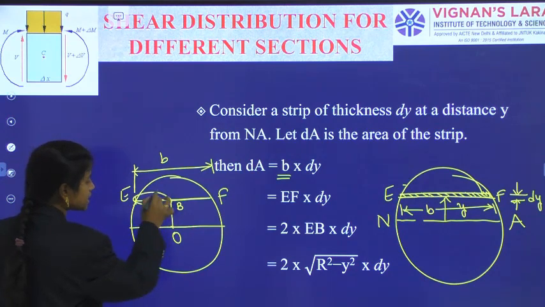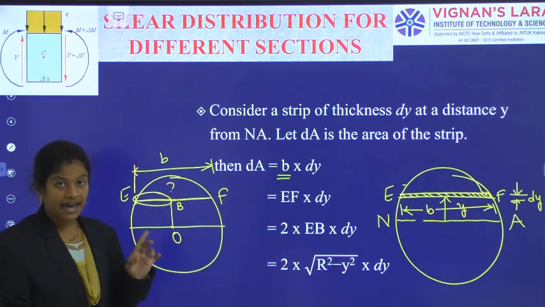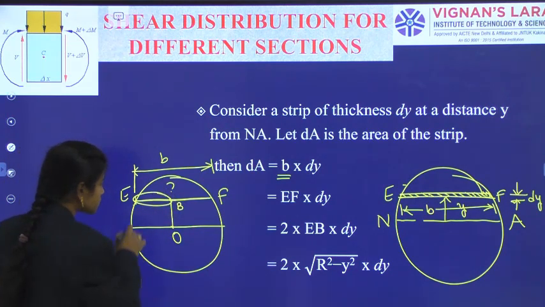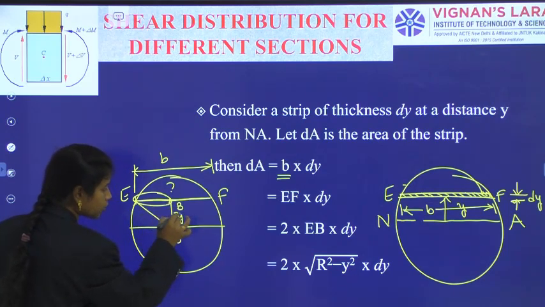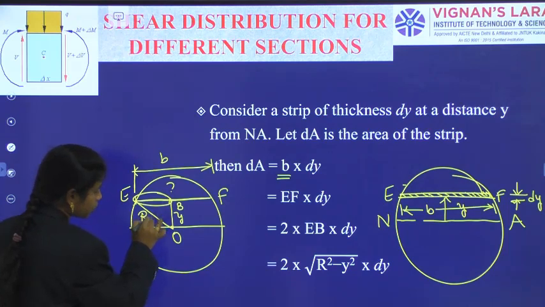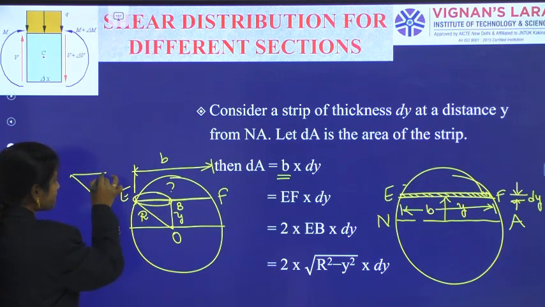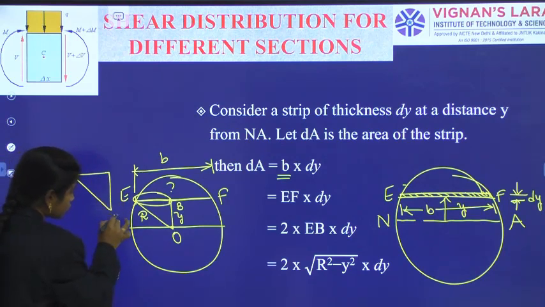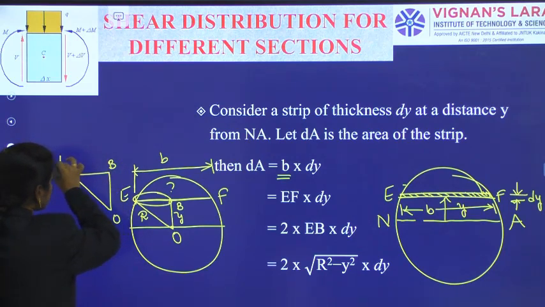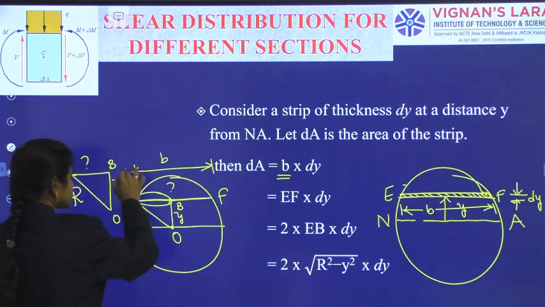And how will this EB be calculated? As I know the Pythagoras theorem, I am applying it. This measurement I know as y, and this measurement I know as R. So we are observing a simple right angle triangle with O, B and E. This one is my unknown, this value is capital R, and this value is y.